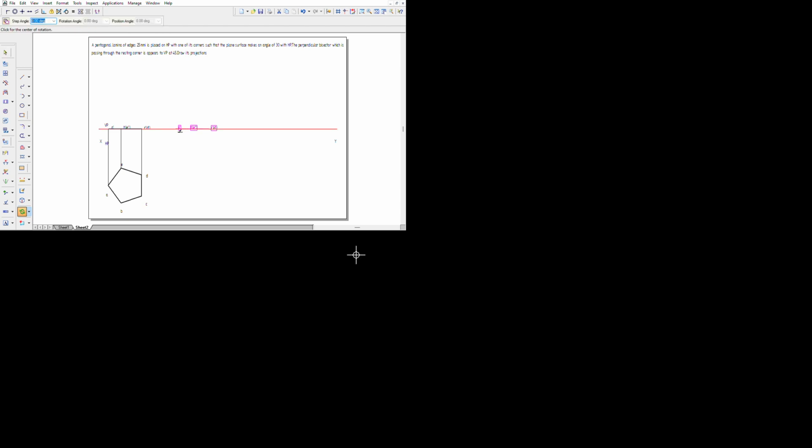Let's rotate it. Now let's take a straight line. Let's take a normal line, project it downward.